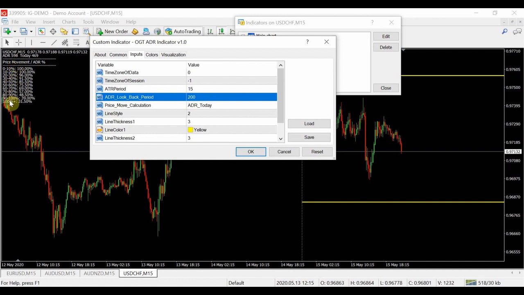For example, it's saying that the currency pair has moved at least 10% of the ADR, in this case 6 pips, 100% of the time in the last 200 days. So we can say for a fact that the USD CHF has moved at least 6 pips for the past 200 days. That's what it's saying.